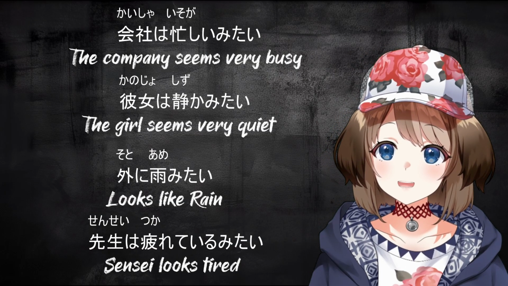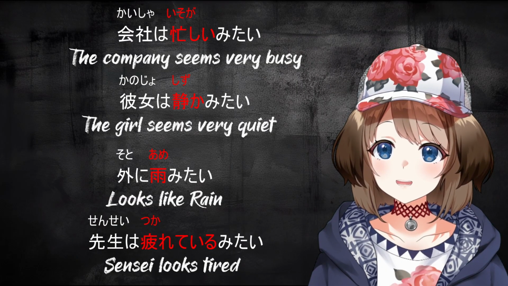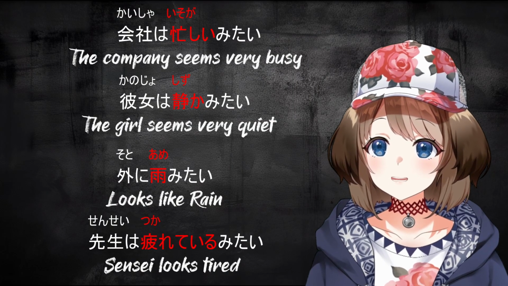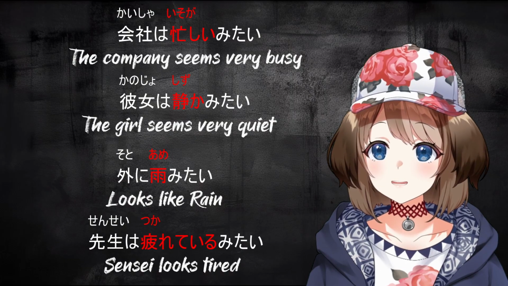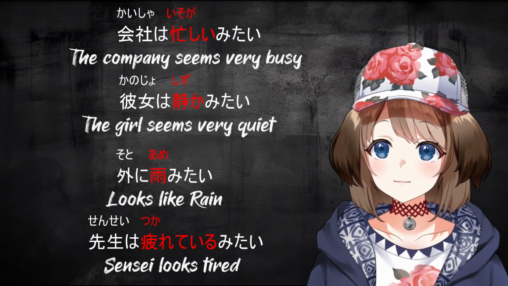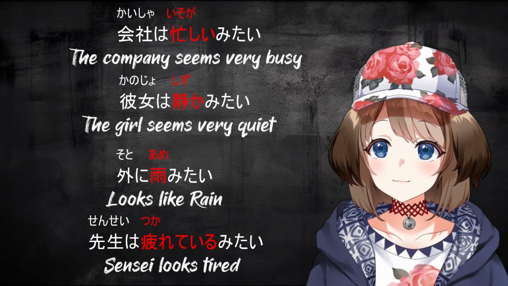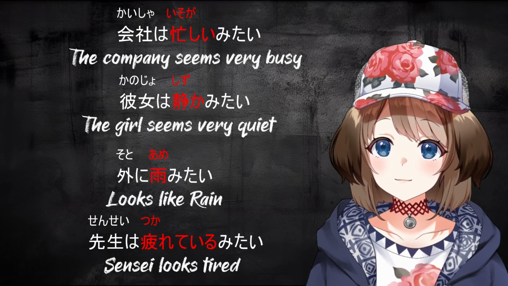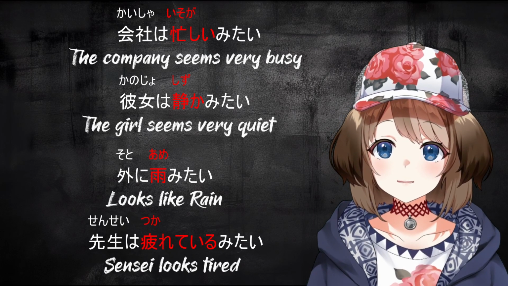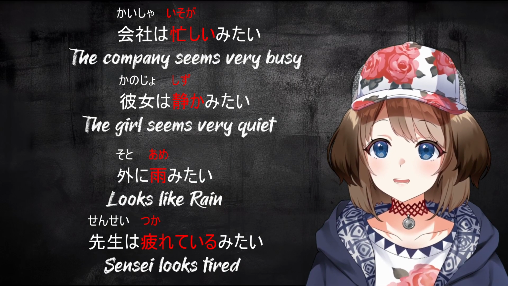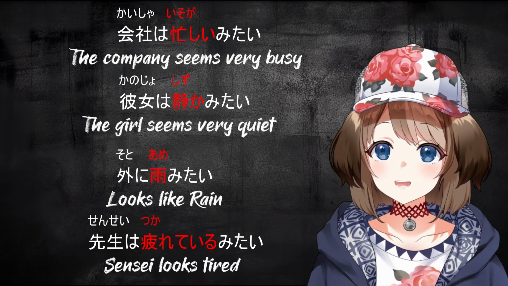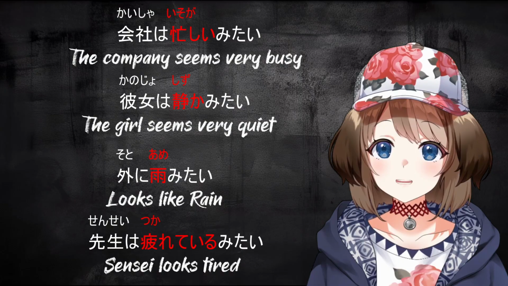But please take note that even just in these 4 examples, we're using mitai to describe some kind of situation as being like an i adjective, isogashii mitai, like a na adjective, shizuka mitai, seems very quiet, like a noun, ame mitai, seems like rain, and also like a verb, tsukarete iru mitai ne, seems tired.